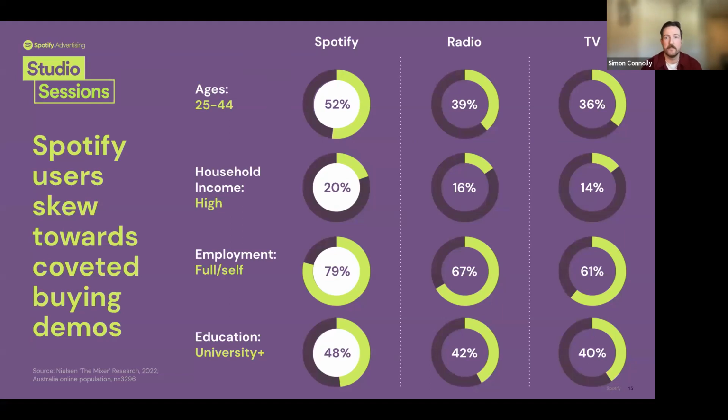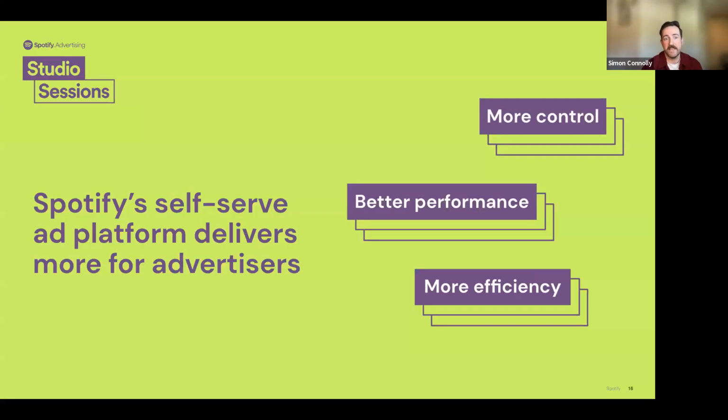TV. To take advantage of this reach and this scale, we recommend Spotify's self-serve ad platform, Ad Studio, as it delivers more for advertisers. So the concept of self-serve ad platforms is nothing new in social media advertising. In audio advertising, especially in radio, it hasn't really been offered at this scale before.